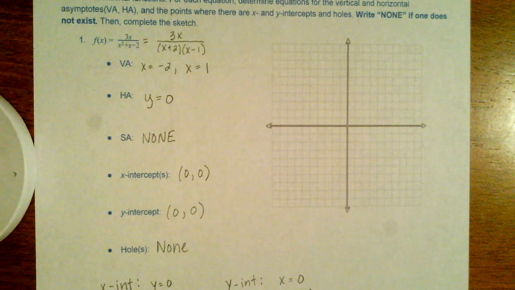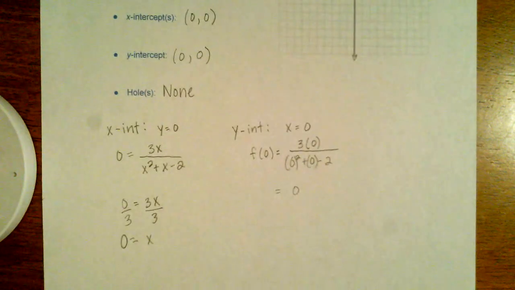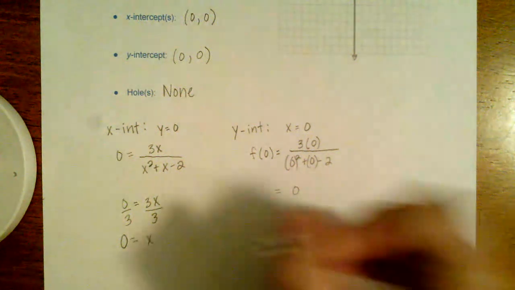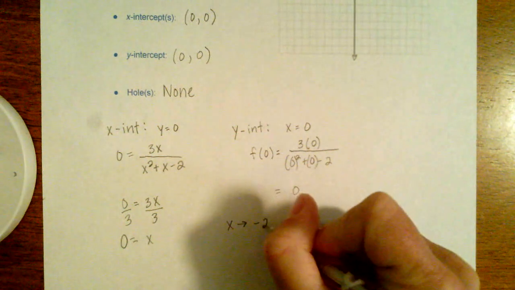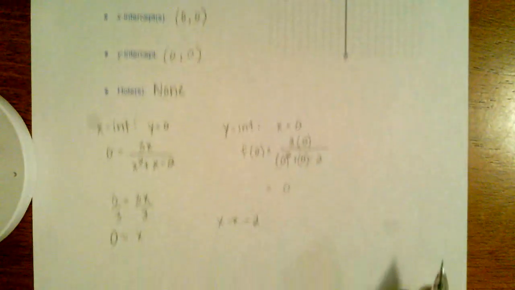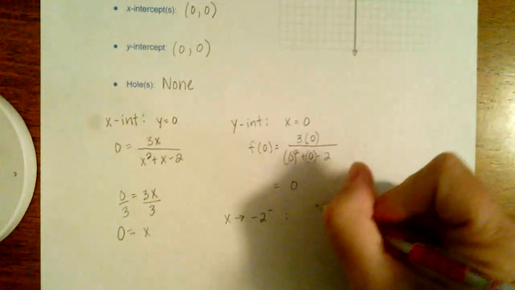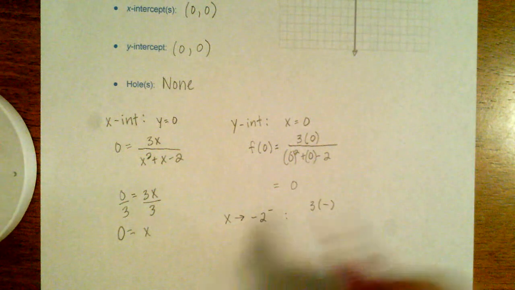I want to figure out what's happening on either side of my vertical asymptote. I'm thinking about my end behavior, or what's happening around the asymptotes. So I'm thinking as x approaches -2 from the left, I see that I have 3 times a negative, because I'm going to have -2.